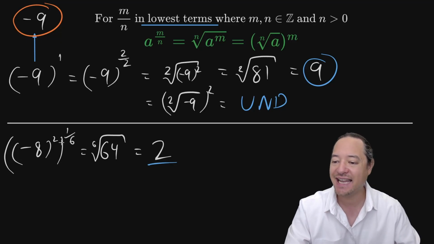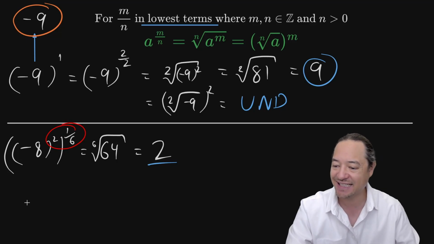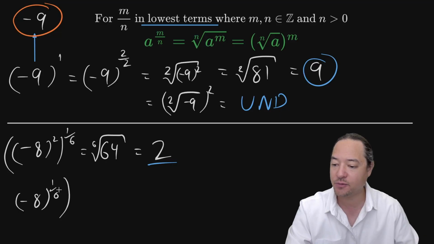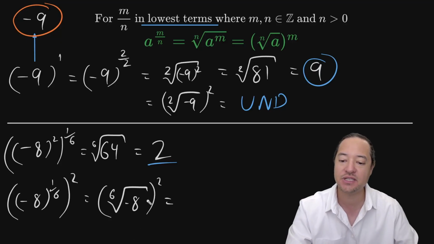Now, what if I take these two exponents and I swap the order around, okay? So I do a slightly different operation. I'm going to do negative 8 to the 1/6 power, and then I'm going to square all of that, right? So this is essentially taking the 6th root of negative 8, and then I'm going to square that. But notice what happens here.